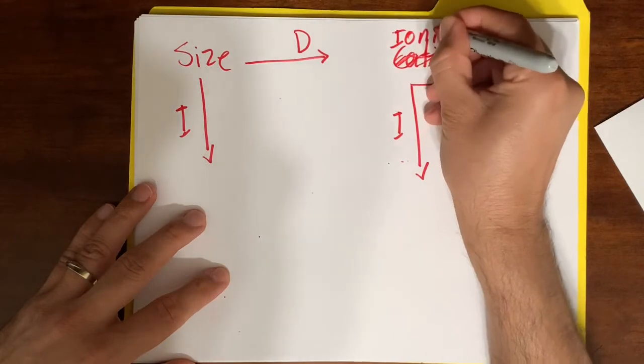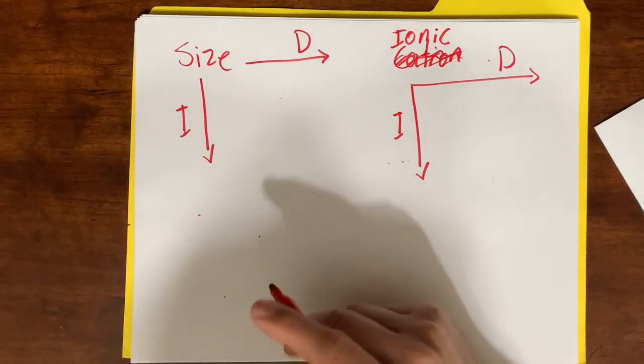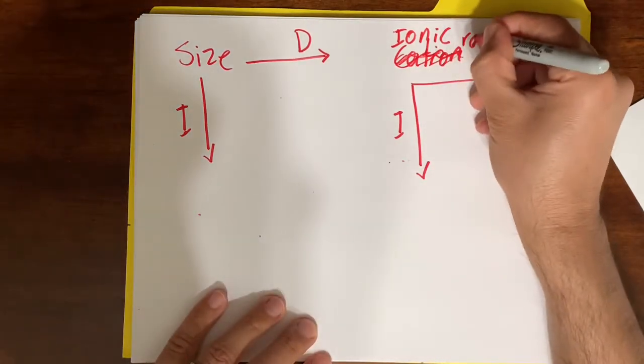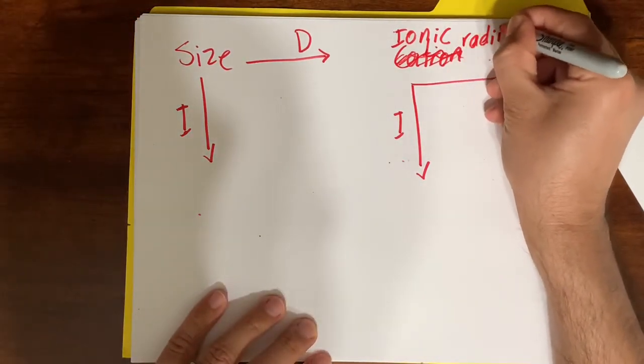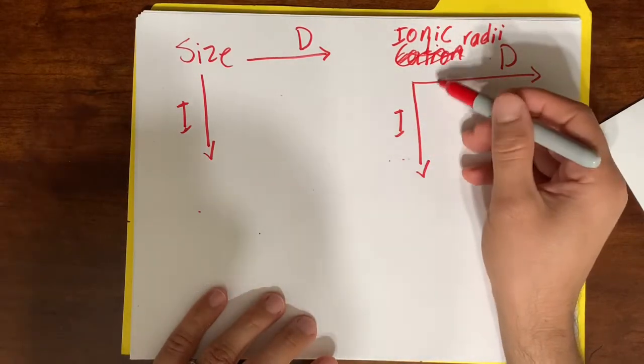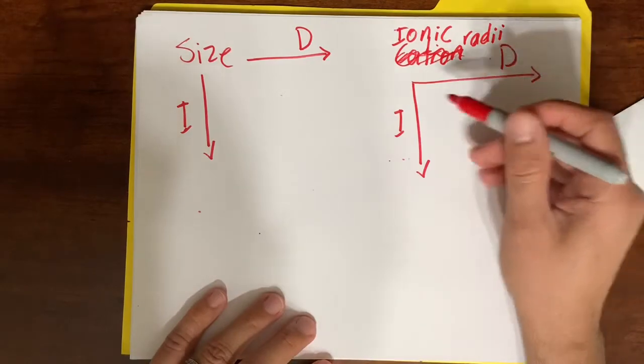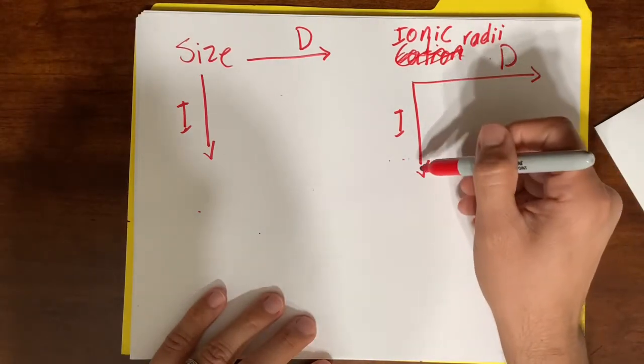Ionic radius, or radii. It can include both cation and anion. To the right side it decreases, down it increases.